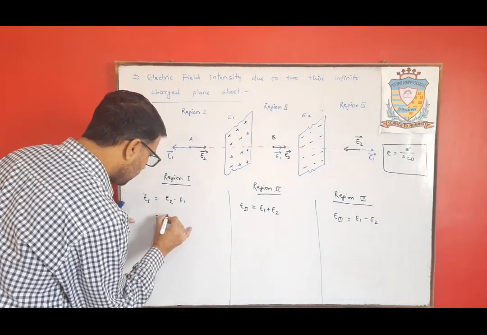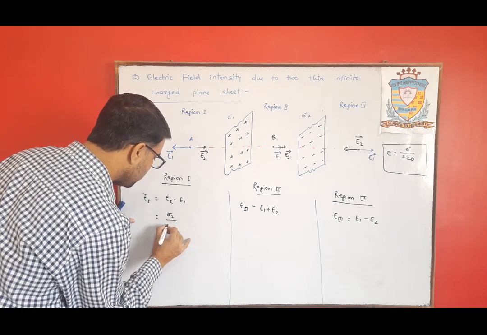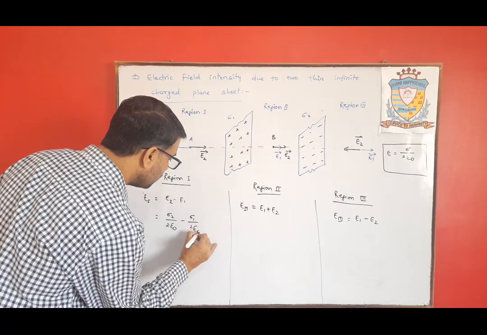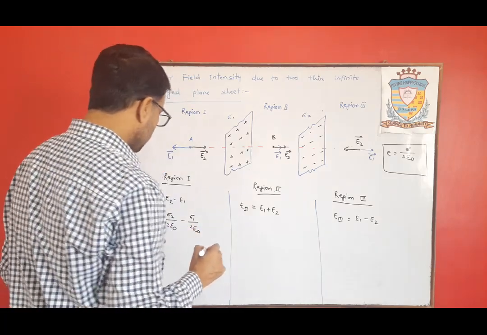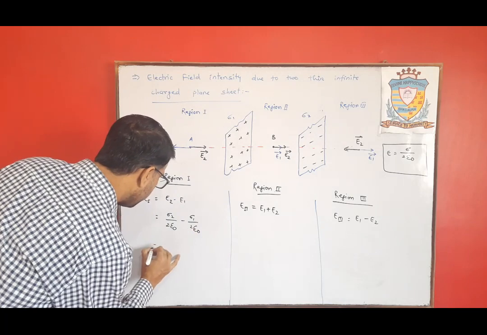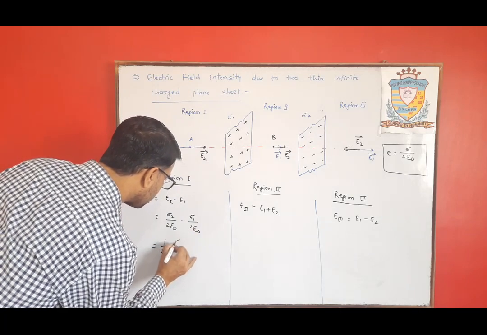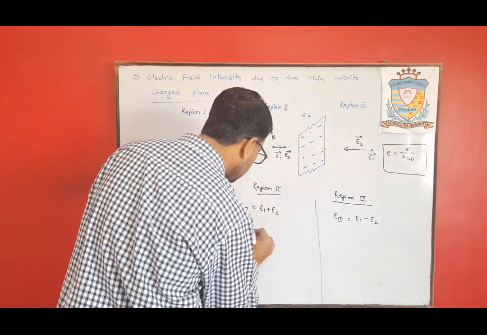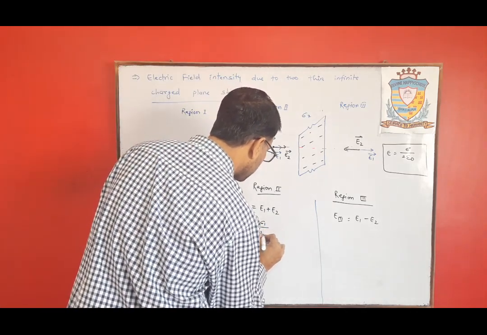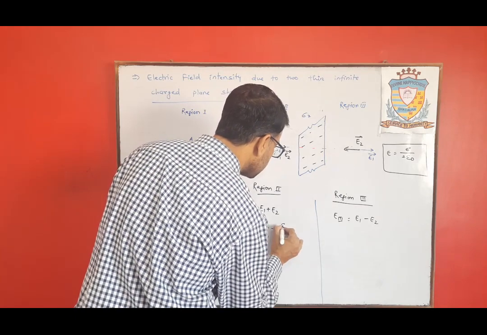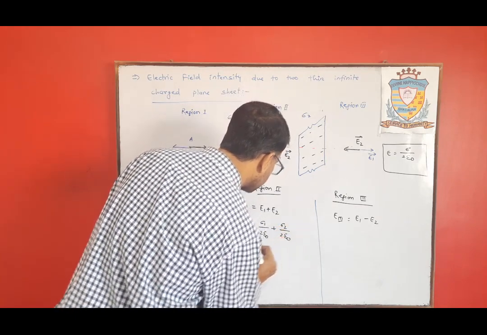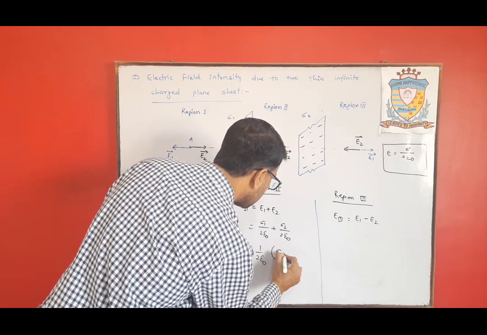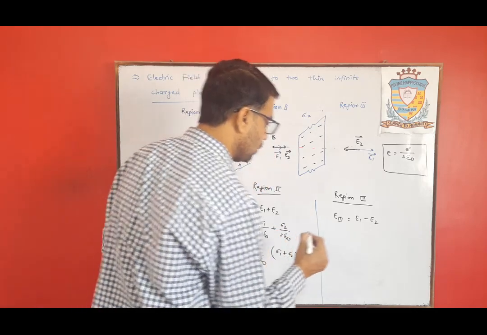Now we'll put the values. This will be sigma 2 upon 2 epsilon naught minus sigma 1 upon 2 epsilon naught. Or if we take 1 upon 2 epsilon naught common, this will be sigma 2 minus sigma 1. Here in this case, sigma 1 upon 2 epsilon naught plus sigma 2 upon 2 epsilon naught, or if we take 2 epsilon naught common, it is sigma 1 plus sigma 2.